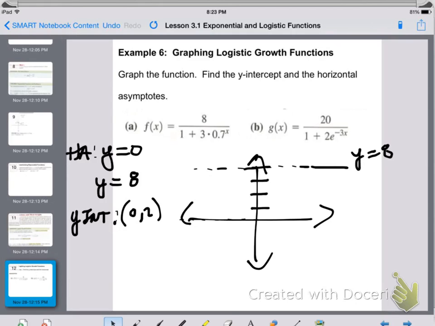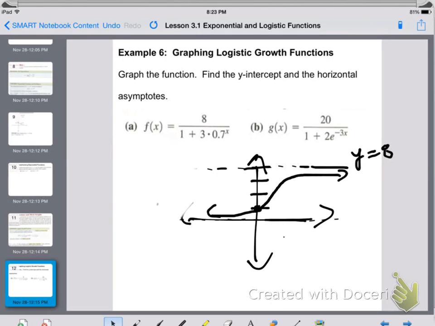Here's my y equals 0, my horizontal asymptote, and then my y-intercept is 0, 2. And the logistic function, remember, starts out looking exponential, but then flattens out. So that's what that graph is going to look like. Alright, last one.